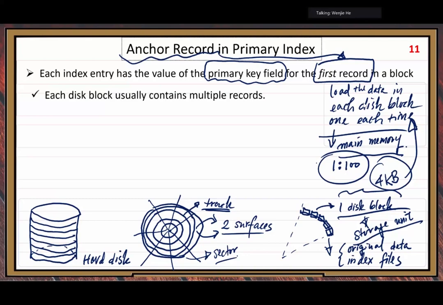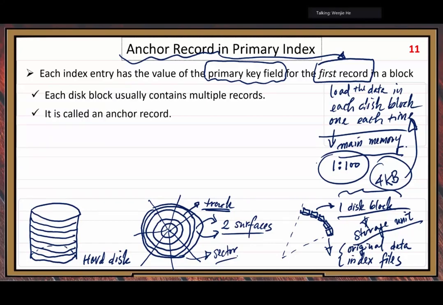Then you do division, 4,000 divided by several hundreds, and you get a certain number, dozens. That's why I said you can store dozens of records in each disk block.